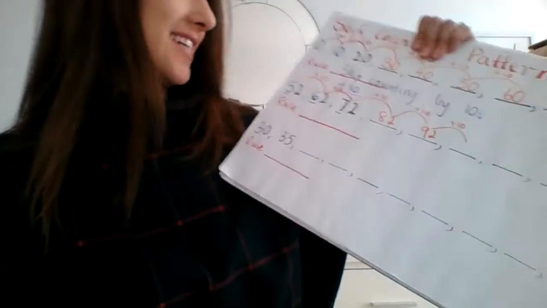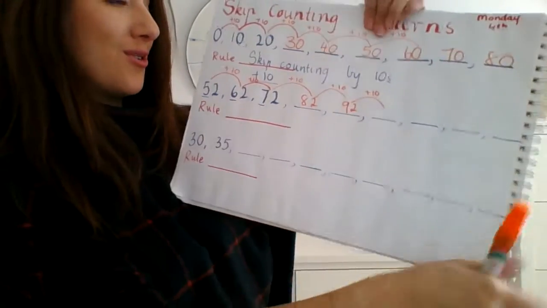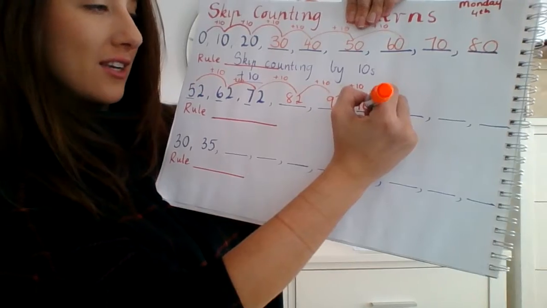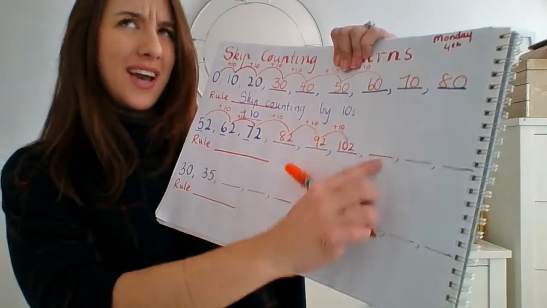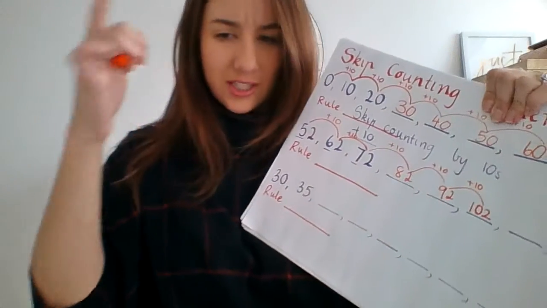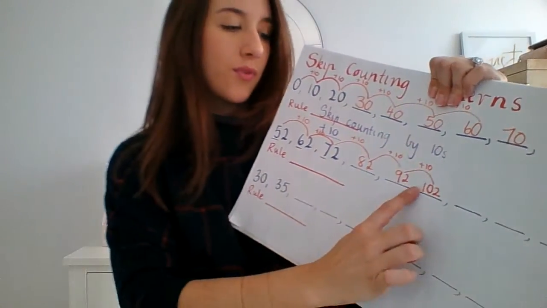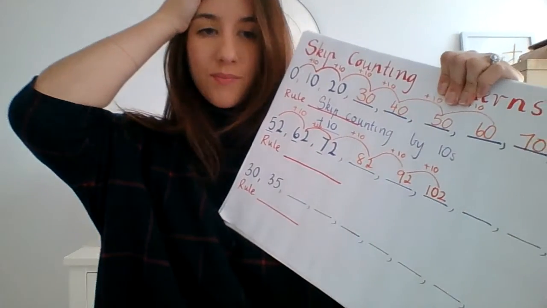So 10 more than 92 is 102. Okay? Then I need to think about what's 10 more than 102. Let's count on from 102. 102 is in my head. Put it in yours. 102, 103, 104, 105, 106, 107, 108, 109, 110, 111, 112.